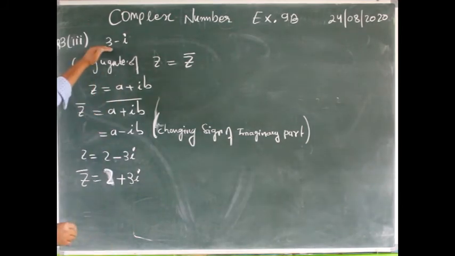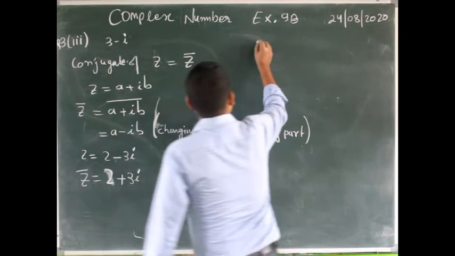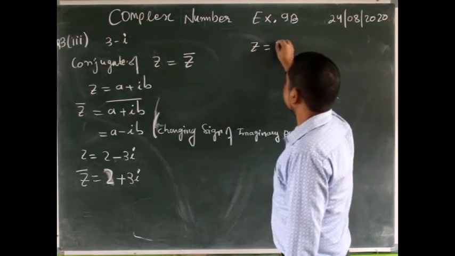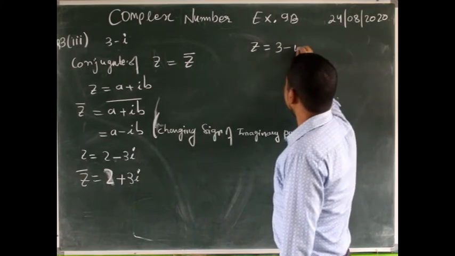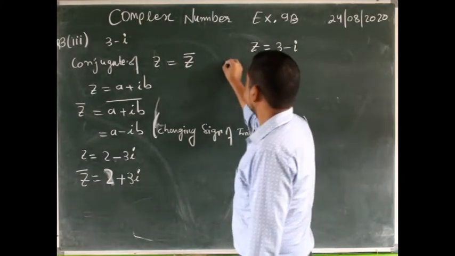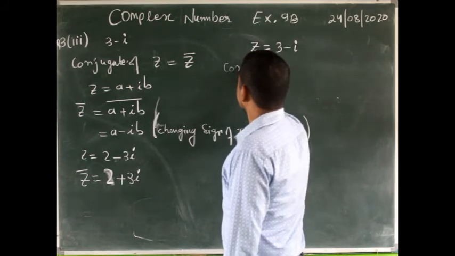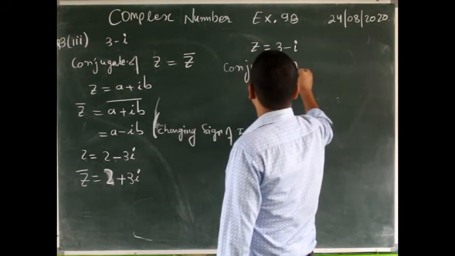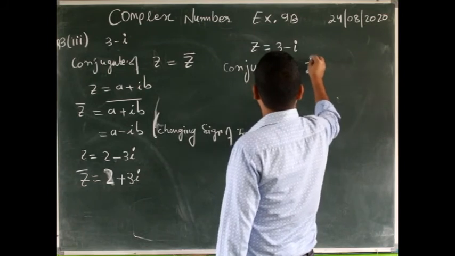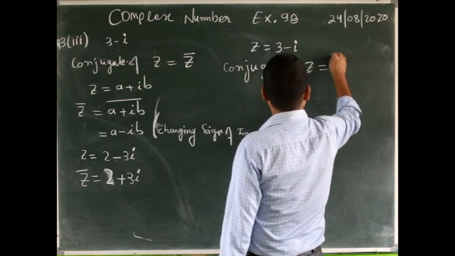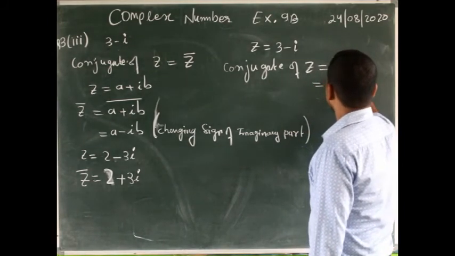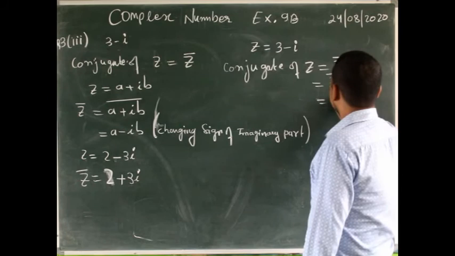Now let's solve these questions. Consider z equals 3 minus i. Then the conjugate of z is z bar, that means 3 minus i bar, and this is 3.